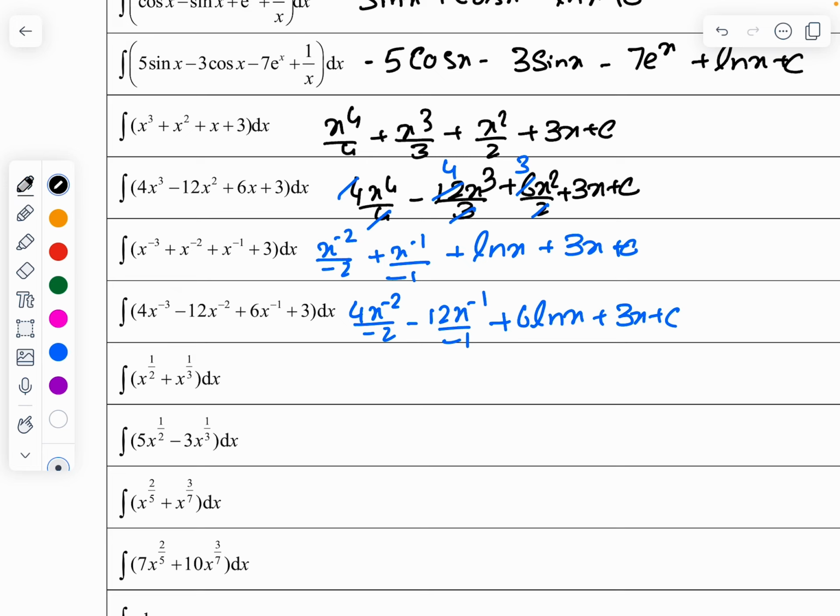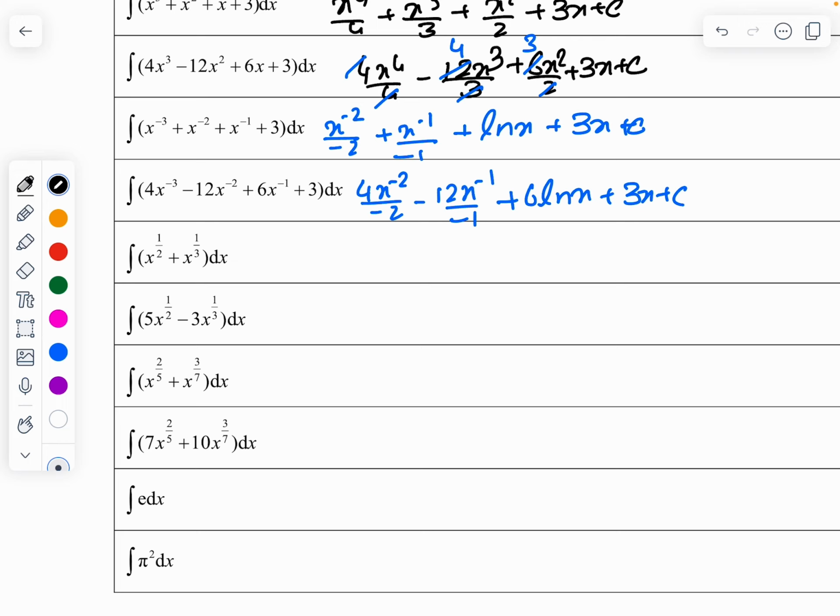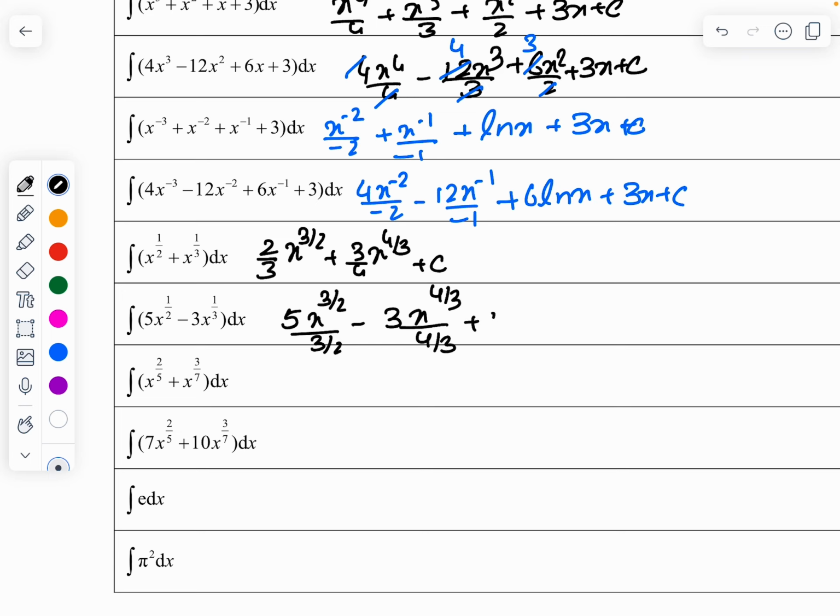Then x power 1 upon 2 becomes x power 3 upon 2 upon 3 upon 2, which becomes 2 upon 3. X power 4 upon 3 upon 4 upon 3 becomes 3 upon 4 plus c. Then 5 x power 1 upon 2 plus 1 is 3 upon 2 upon 3 upon 2 minus 3x power 4 upon 3 upon 4 upon 3 plus c.